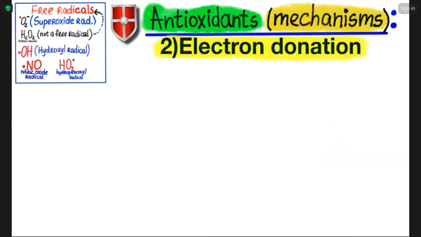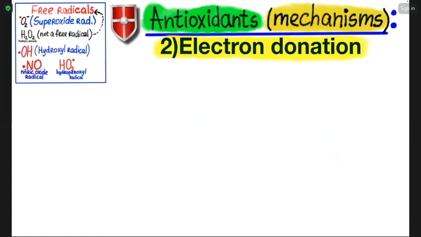The second mechanism is called electron donation. For the first mechanism, hydrogen donation, and the second mechanism will focus on electron donation. So if you want to produce natural products from marine fish, extract anthocyanin from plants, or extract anything from seaweeds, you have to know which mechanism you apply.